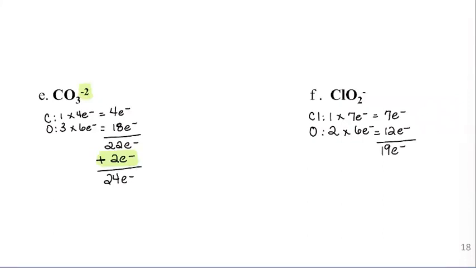But wait, here, because we have a negative charge, okay? So if you don't see a number there, it's because there's a value of 1. So then that means that we are going to add 1 electron to the electron count. So that's where the 1 electron comes from. And that's why in the chat, you could see that some students answer, oh, wait, there's 20 electrons in it, okay?